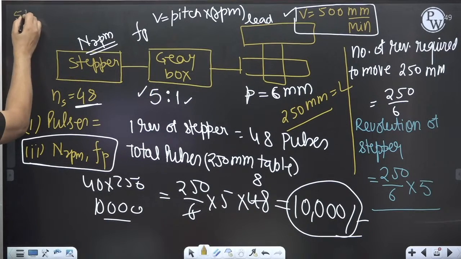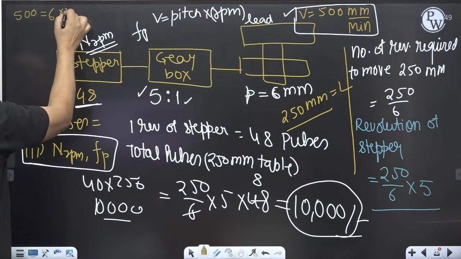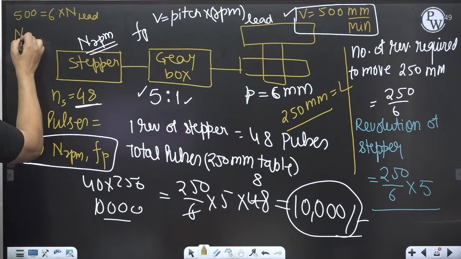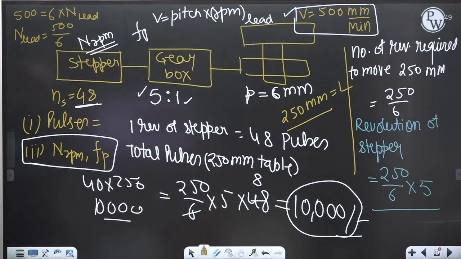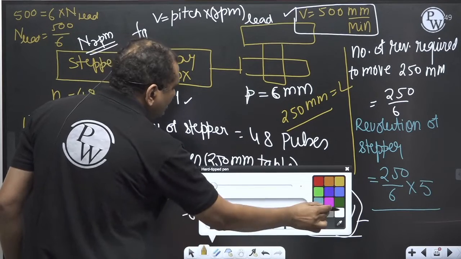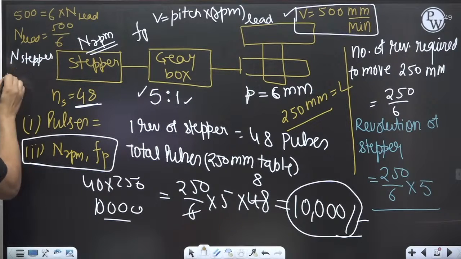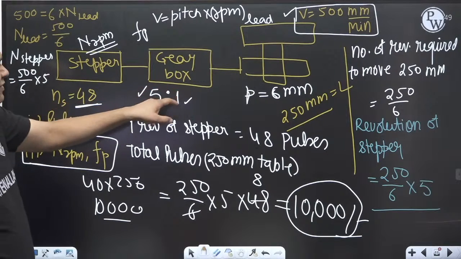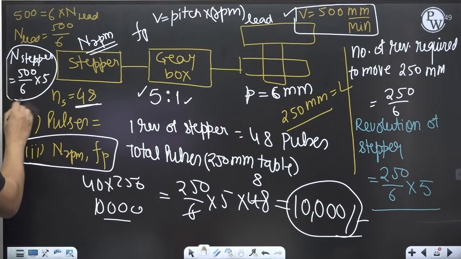So the velocity is 500 millimeters per minute, which is given as 6 into RPM of lead screw. So the RPM of lead screw is 500 by 6. So the RPM of stepper will be 500 divided by 6 into 5, because it's a 5:1 ratio. So that is the RPM of stepper.